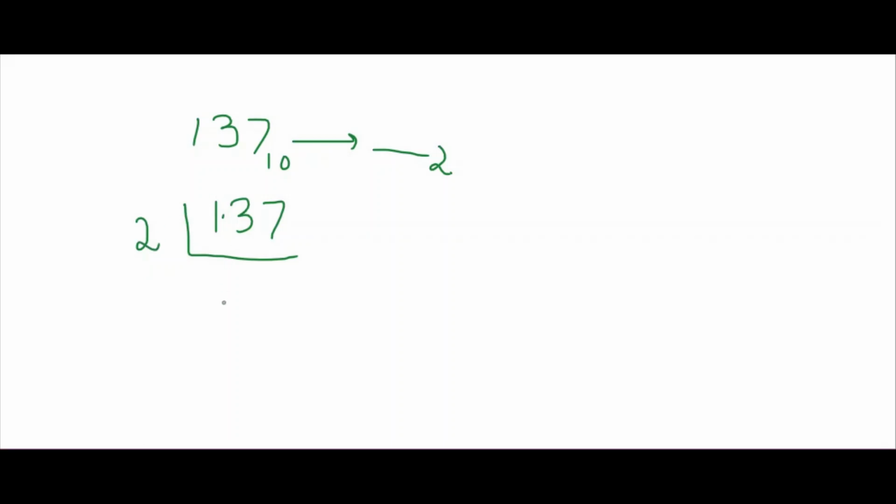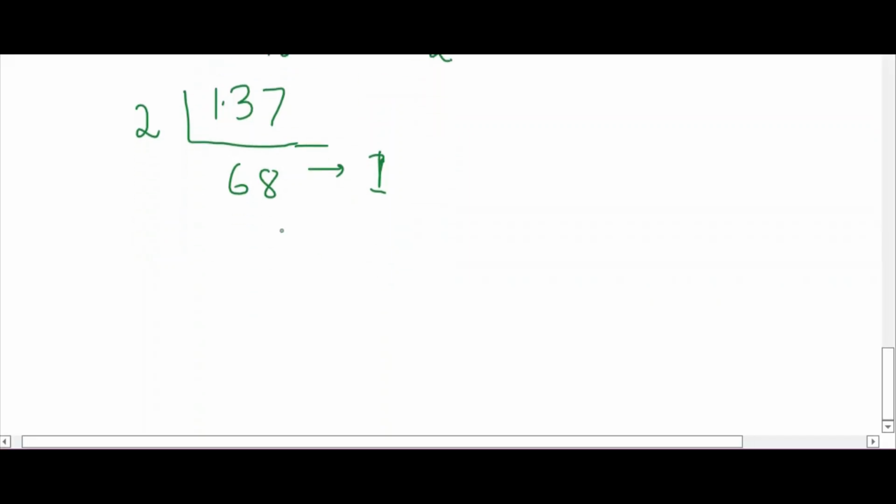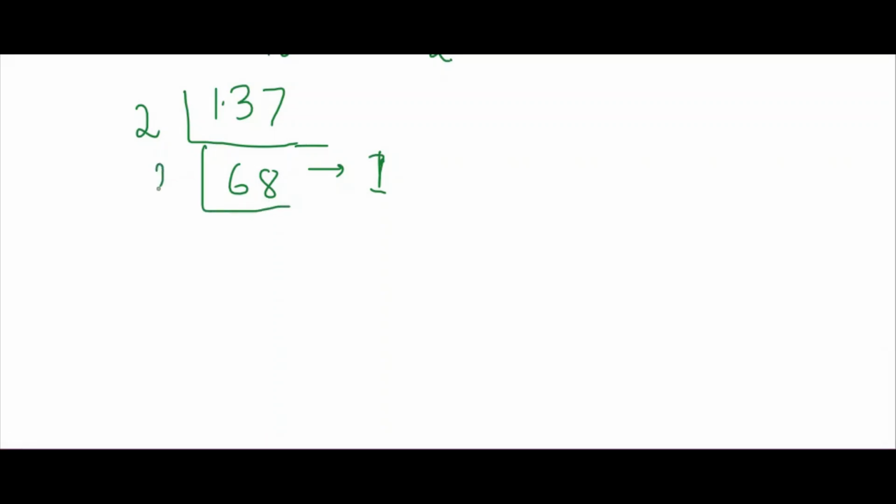So if we divide it, we get 68, but we also have a leftover or a remainder, just like we had before. So here we will divide it and remember the leftovers. 68 can be further divided into further groups.